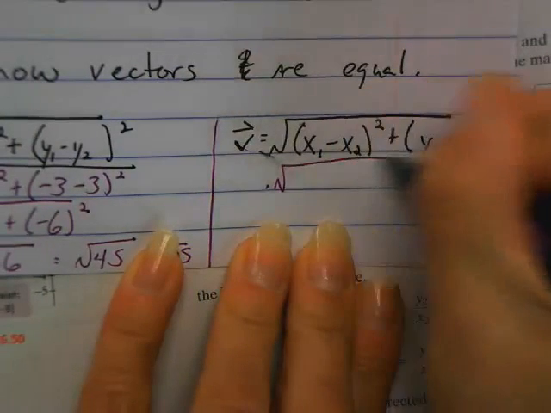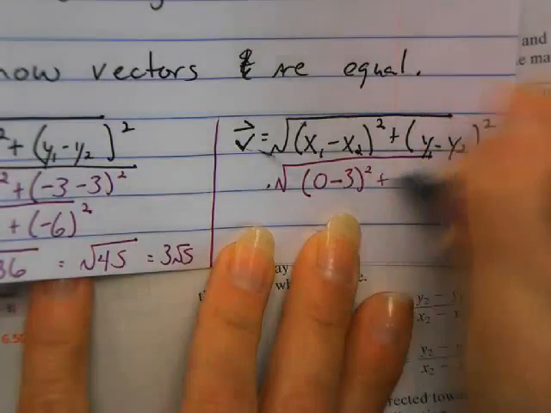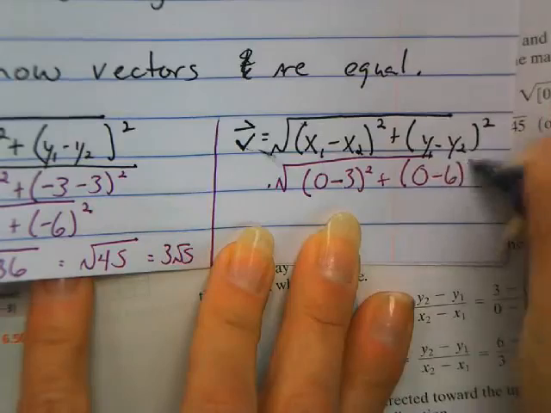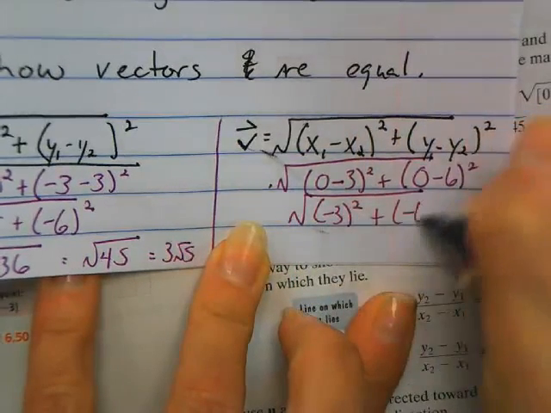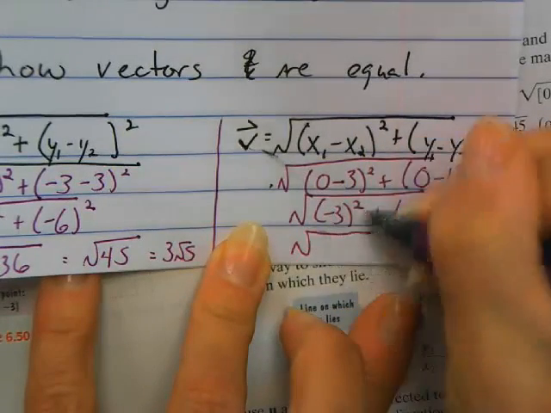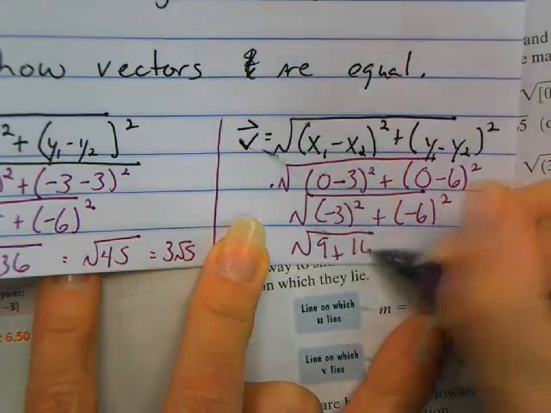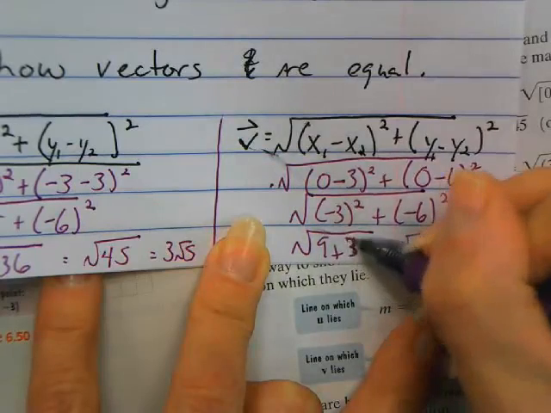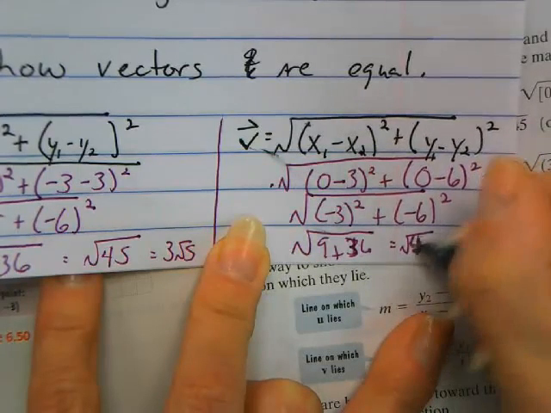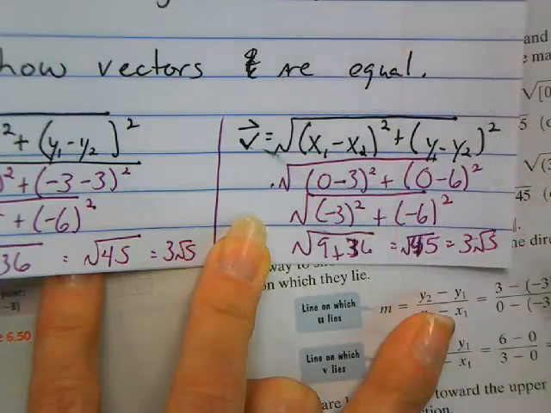So it's the square root of, his x values were 0 and 3, his y values were 0 and 6. So I have negative 3 quantity squared plus negative 6 quantity squared. Remember, negative 3 squared is 9. Negative 6 squared is 36, so I get the square root of 45. Guys, I'm still battling this touch of whatever I had yesterday, so I don't seem to be quite as on point as I normally am.